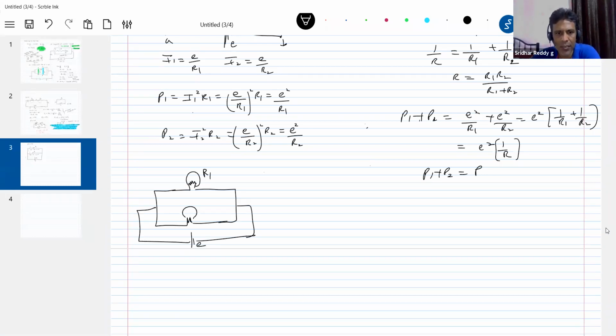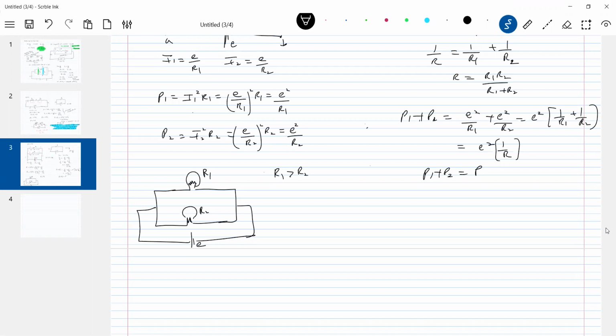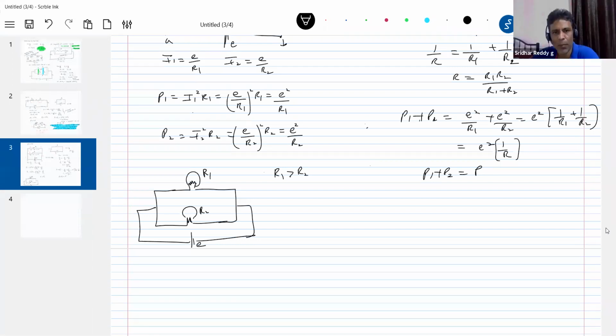So this bulb is having resistance R1, this R2. And now let me put a condition R1 greater than R2. What about the power? Which bulb will have more brightness? P2 greater than P1. Here, according to the concept, P1 is inversely proportional to R1, no? So P1 less than P2. So this will be more bright. The second bulb will have more brightness. So B2 greater than B1.